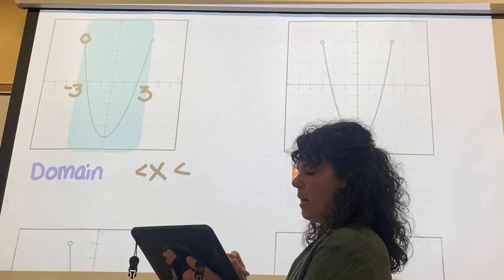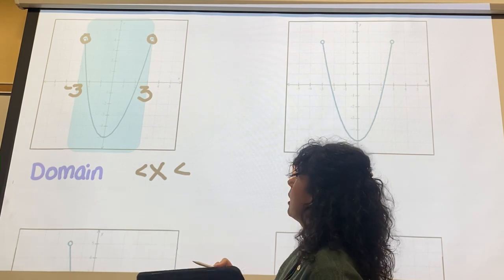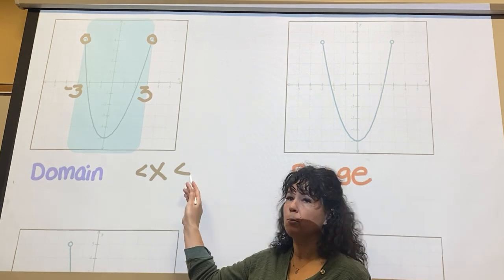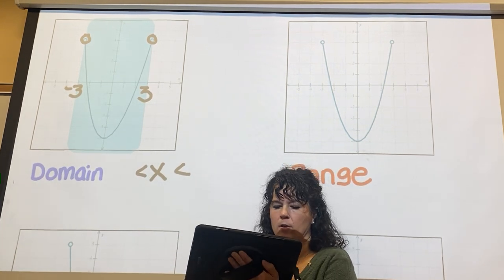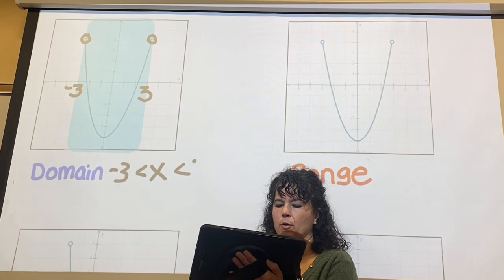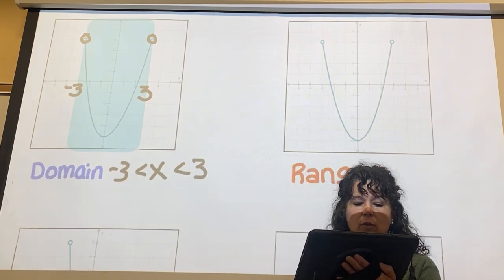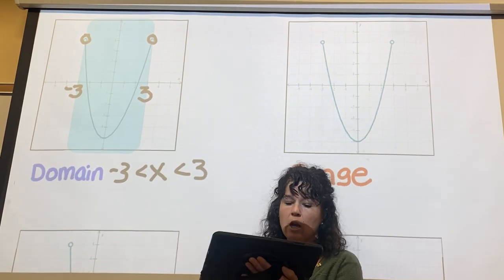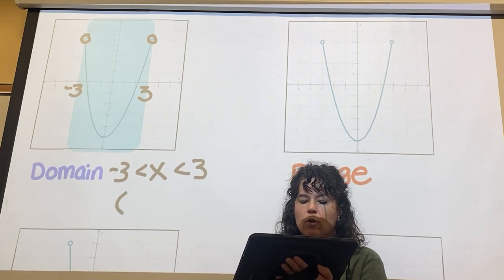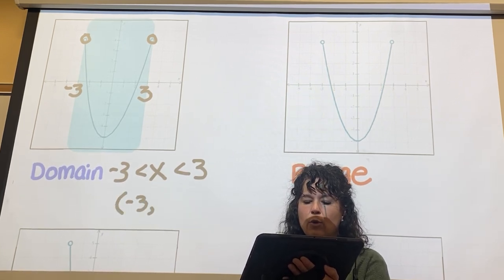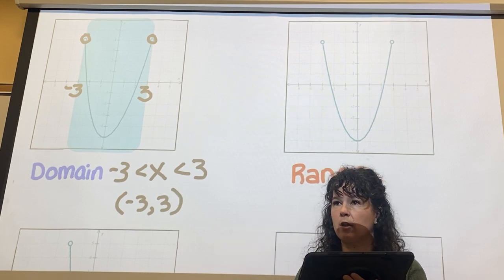These are open dots up there, so I'm not going to put underlines. So we're from -3 through 3. But when we go to interval notation, no underline is a parenthesis. So it's -3 through 3 parenthesis.